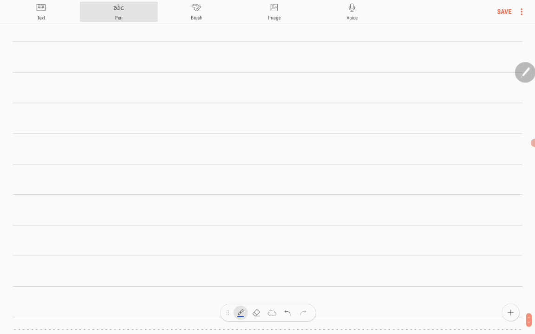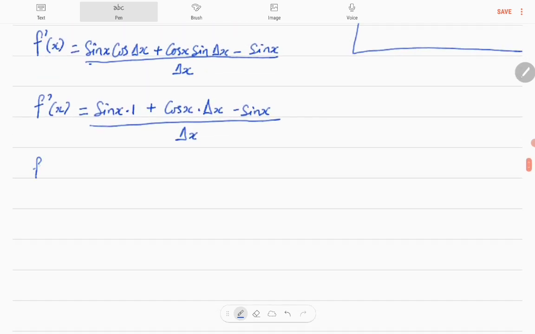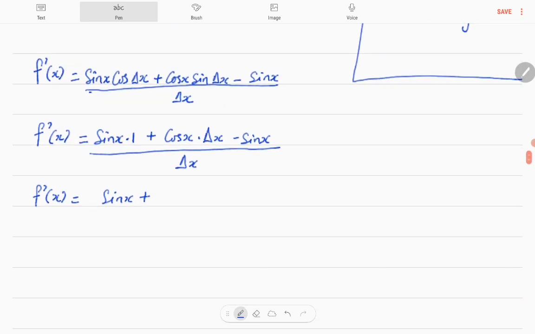So we are going to have f prime of x equal to sin x plus cos x. Now we multiply dx by cos x, and when you multiply cos x by dx, you have dx cos x, minus sin x, divided by dx.